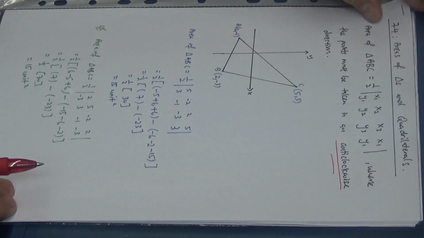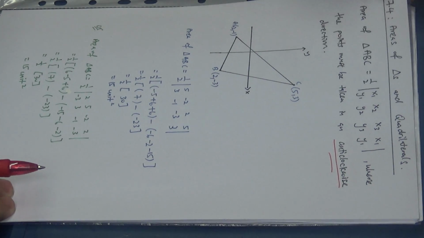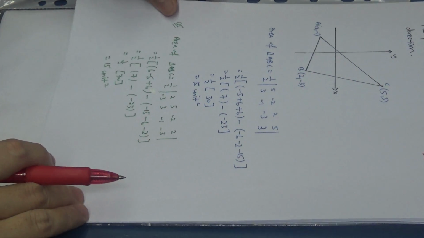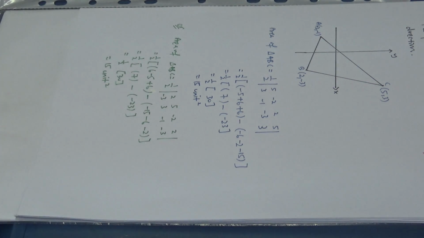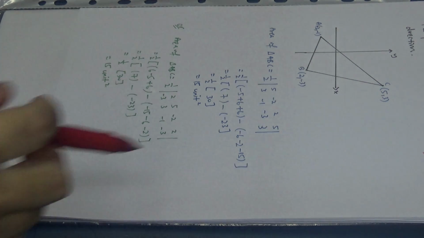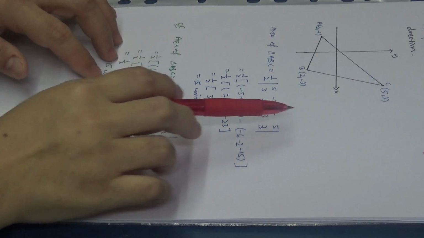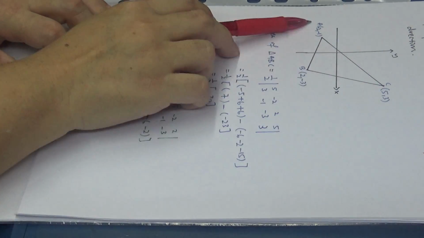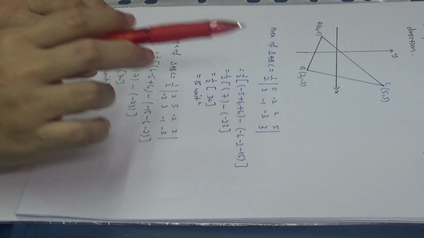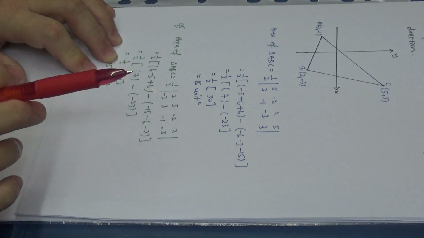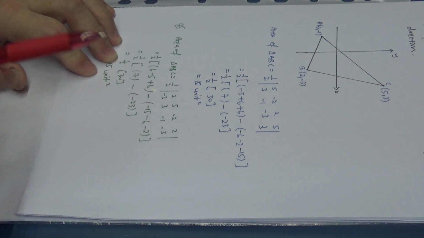Now, I will give you an example of how to find the area of a triangle in the next example. Okay? Now, if you look at this particular triangle, the 3 points are here, A, B, and C. You can start from any point, but you must go in an anti-clockwise direction.